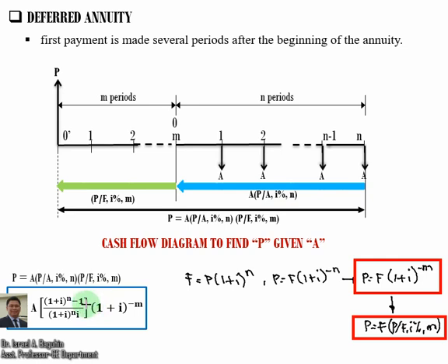As you can observe, we already have the formula P equals F times 1 plus I raised to the negative M. Later, after we consider the N periods, you can see that this formula is derived from the M periods, and from the N periods we will have the formula for the annuity with respect to the I and N variables.